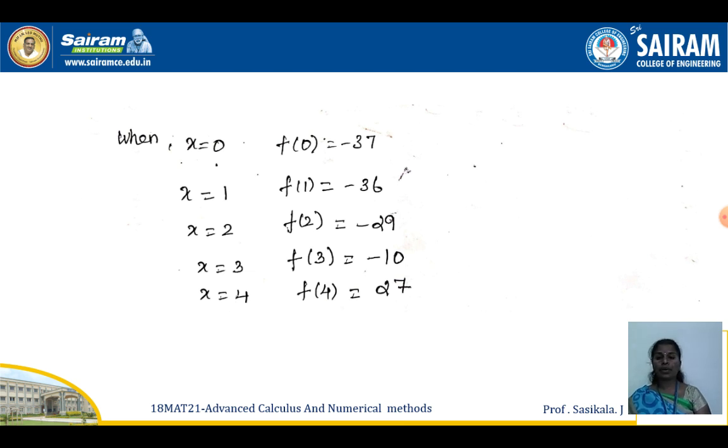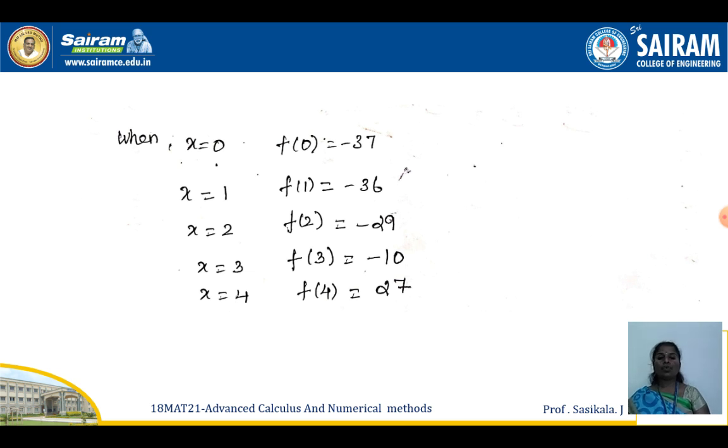What we need to find out is which numbers the root lies between. For that reason, we can replace x equal to 0, 1, 2, 3 to find where we get a positive to negative change, because at the point which is the root of the function, it should give equal to 0.